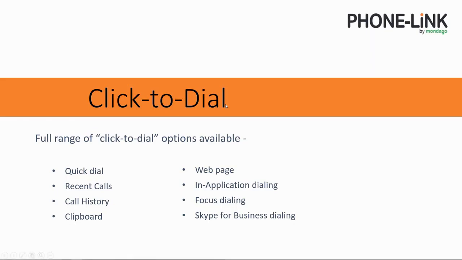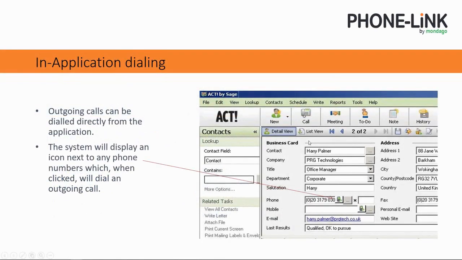So I'm now going to go back to the presentation, and I'm now going to look at in-application dialing and focus dialing. So in-application dialing is where you tell PhoneLink that there are specific fields in your application that contain dialable phone numbers.